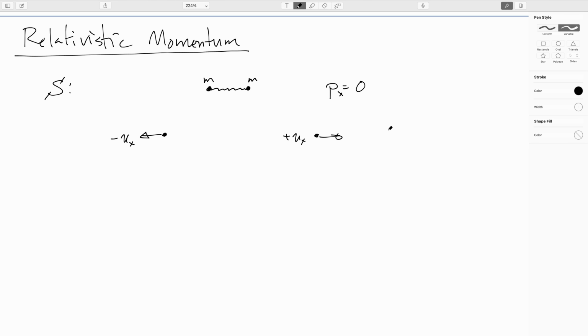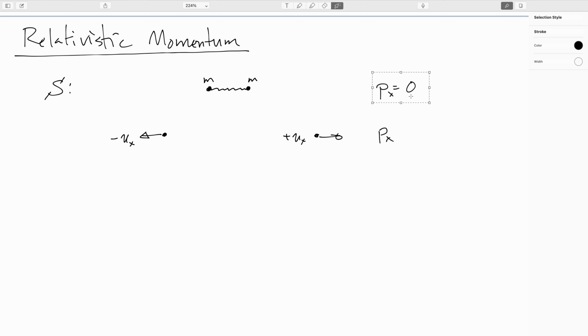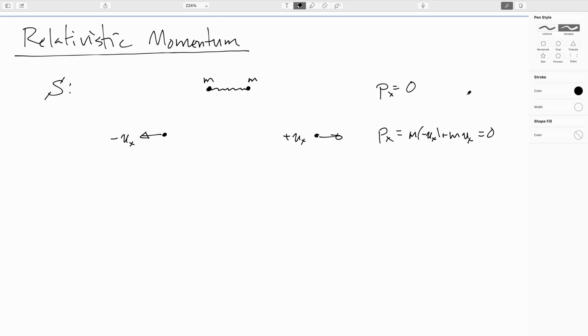So we can calculate the momentum afterwards. Px here is going to be m times minus ux plus m times ux. That gives us 0. So yay, momentum is conserved.